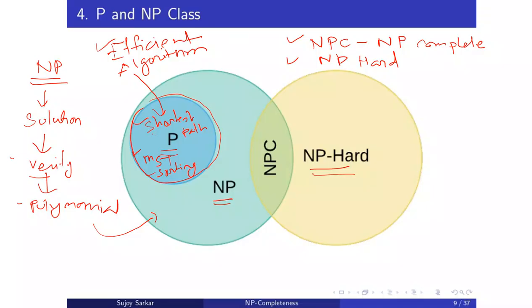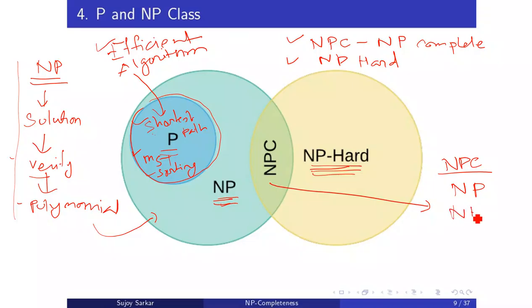Then there are certain problems where there is no known efficient algorithm, but we can verify it. So these are NP but not P. And now first let me tell NPC. What is NP complete? You can see it is an overlap between NP hard and NP. So NPC means a problem will be NP and also the problem will be NP hard.